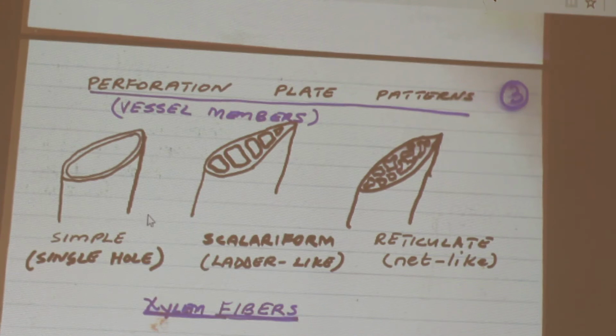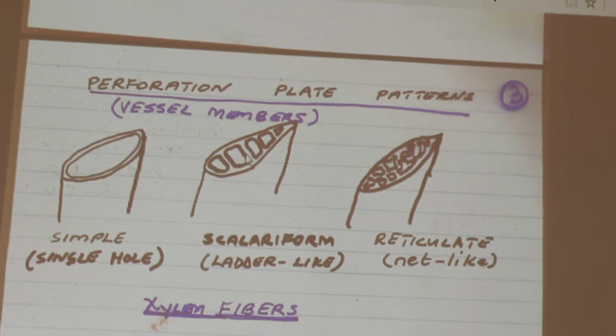I told you that perforations are different from pits. Pits are normally on the side of the vessel member or the tracheary element, but perforations are terminal. This is a simple perforation. It is just one hole. This is a scalariform perforation. It is like ladders.